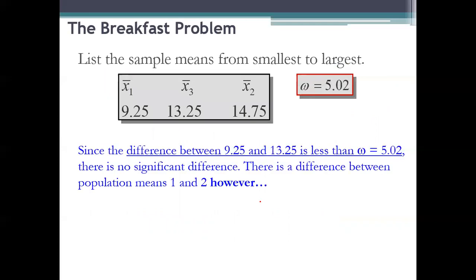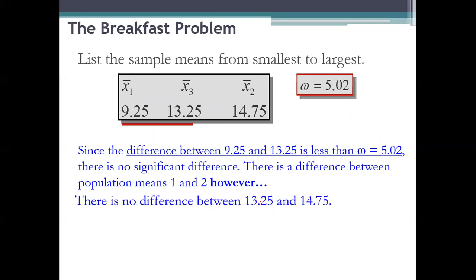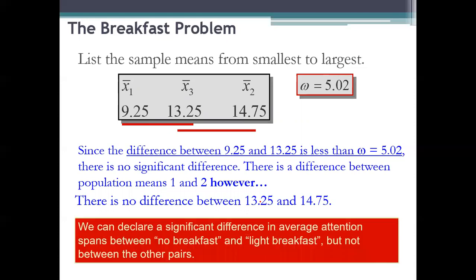So this is another way on how you compare the sample means when you list them from the smallest to the largest. We can declare a significant difference in average attention spans between no breakfast and light breakfast, but not between the other pairs.